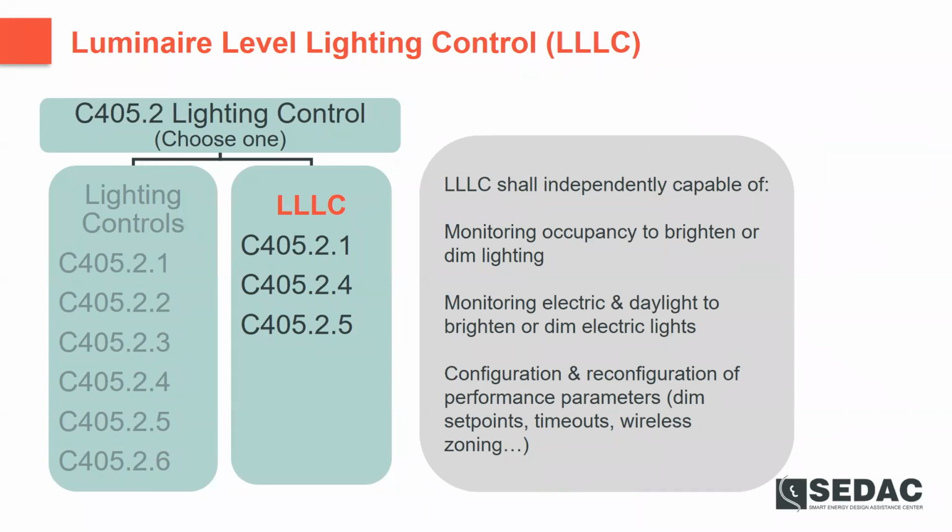Luminaire level lighting controls should be independently capable of these things: monitoring occupancy to brighten or dim lighting, also for daylighting controls, and configuration and reconfiguration of spaces and performance parameters. So again, if you've got a modular space or things changing over time, these provide the flexibility within that system to reconfigure as needed.